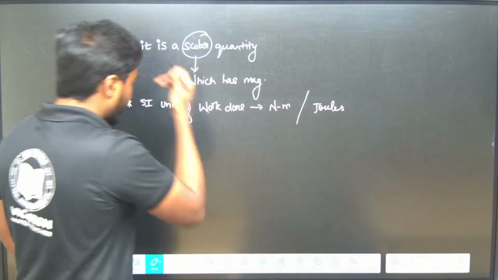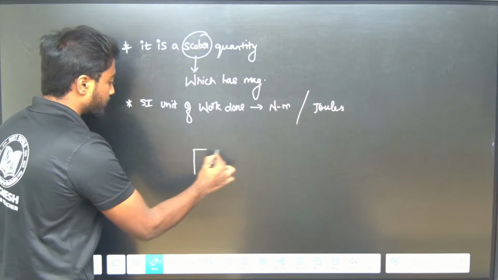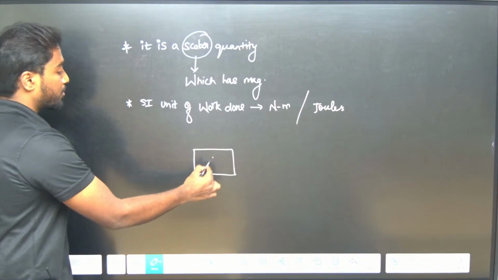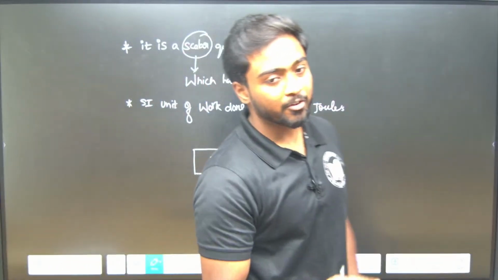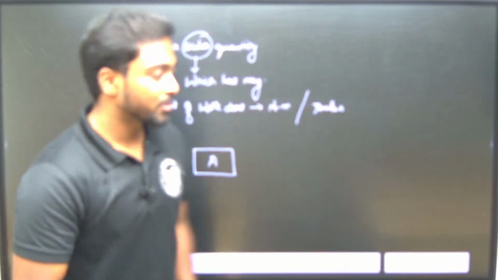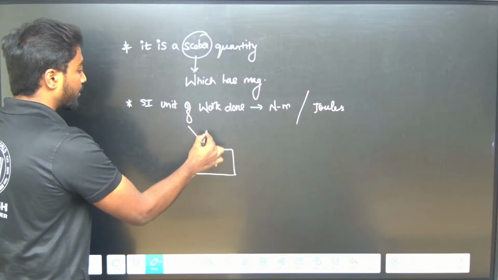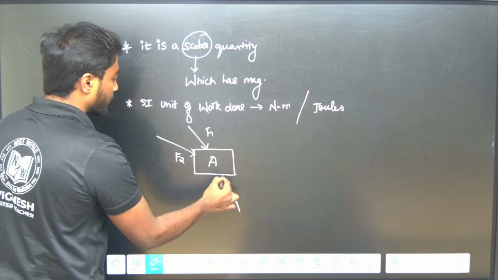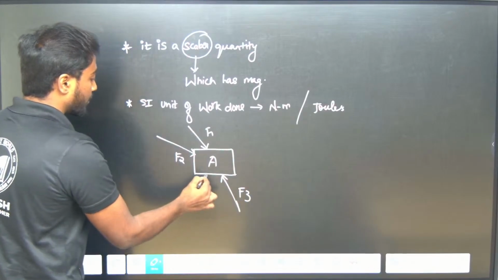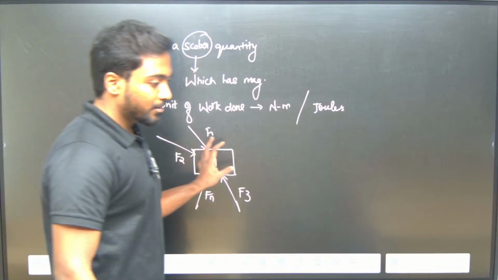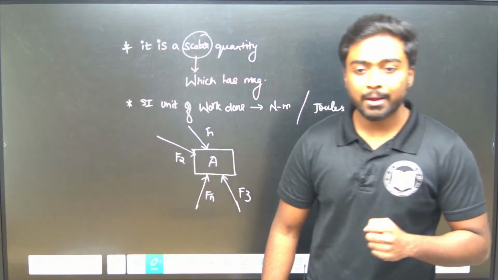So suppose if I take an object, so let me consider object A. So since now we have discussed only one force and displacement happening. Now multiple forces are acting on the same object. For example, F1, F2, F3, up to Fn forces are acting, then what will be my work done?